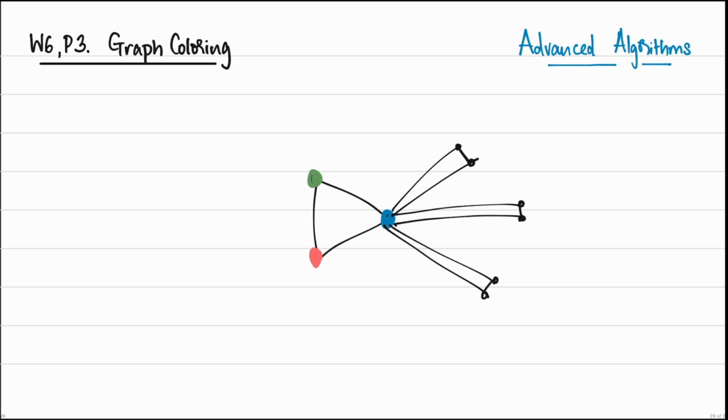But what the connection with the blue vertex ensured is that for every variable gadget, you only get to use the green and the red colors, the true and false colors, on the two vertices representing the literals of x, for any variable x. So that was the variable gadget.